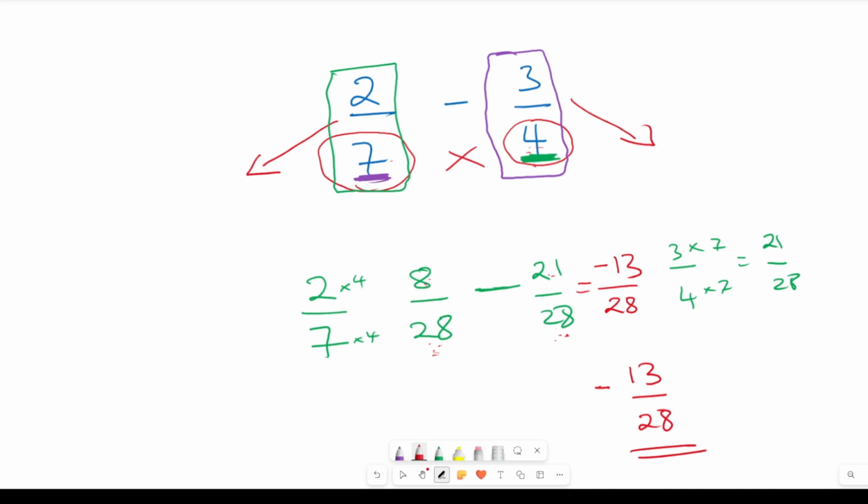Now, whilst we are performing operations on fractions, let's look at the other method. 2/7 plus 3/5.